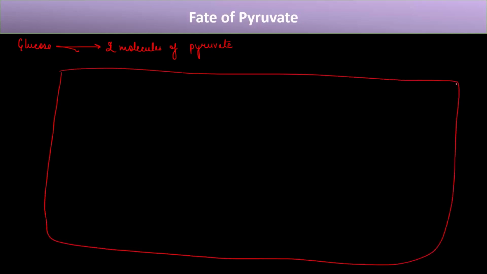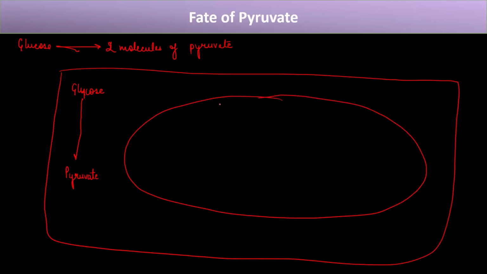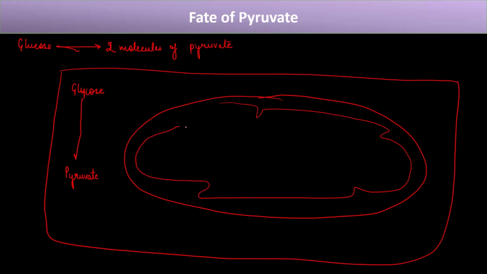And in this cell, your glycolysis is taking place in the cytosol, or cytoplasm. So here the glucose is getting converted into pyruvate. Now this pyruvate enters an organelle that we know, and this organelle is the mitochondria, right? And here further processing of this pyruvate takes place.